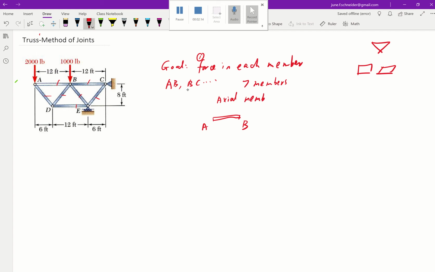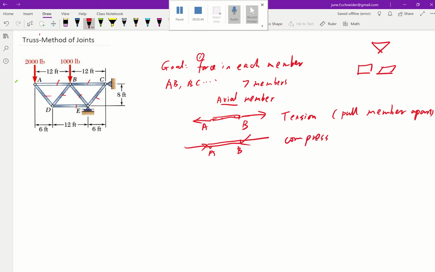Axial member means the force is along the axis, in other words, along the line connecting A to B. So it's either going to be in tension, which means it pulls the member apart, or the member has been squeezed, being compressed. So it's called compression, and that's going to be a compression member. But regardless, either tension or compression, it's all along the axis, so it's an axial member.